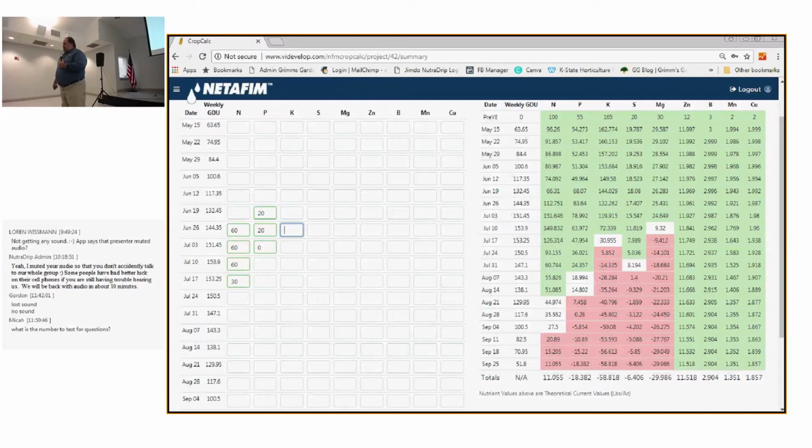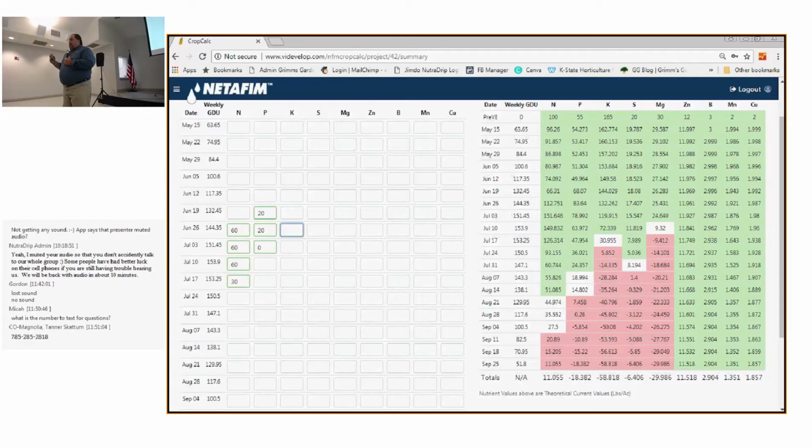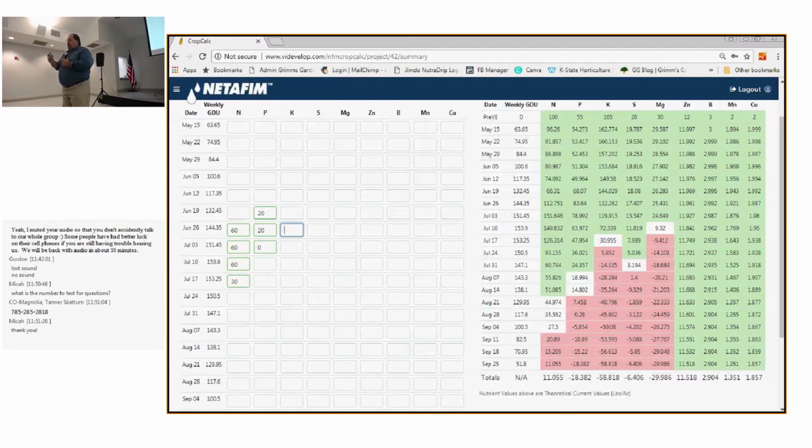This is going to give us a game plan, but having tissue samples will keep us out of the ditch if we have a rain event. Just because I put the nutrient in the soil doesn't necessarily mean it's in the plant, so I tissue test to be sure that it's in the plant. To answer your question, no, the tool doesn't do that, but with tissue testing, we can monitor that.